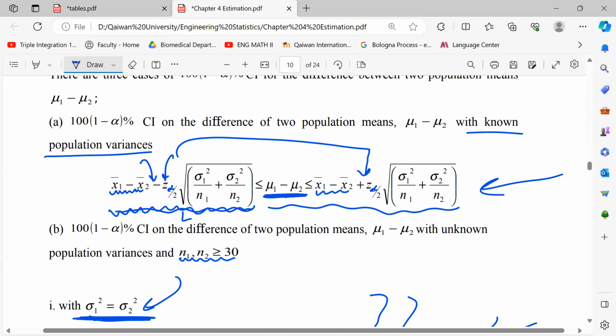Look, S1 and S2 are given. From these, we could get sigma squared. This is the standard deviation. Squaring the standard deviation gives the variance. Variance is S squared. Now we have N1 and N2, X1 bar, X2 bar, and Z of alpha over 2.